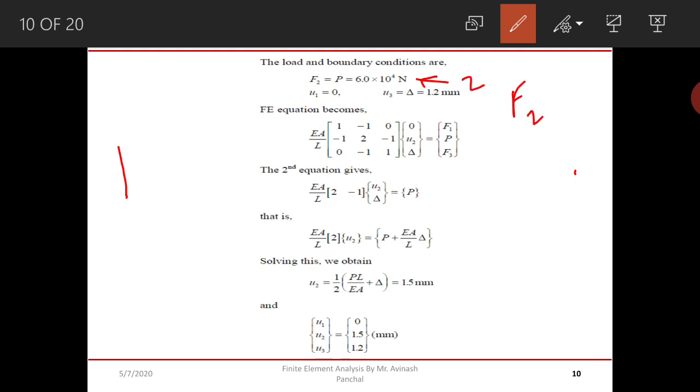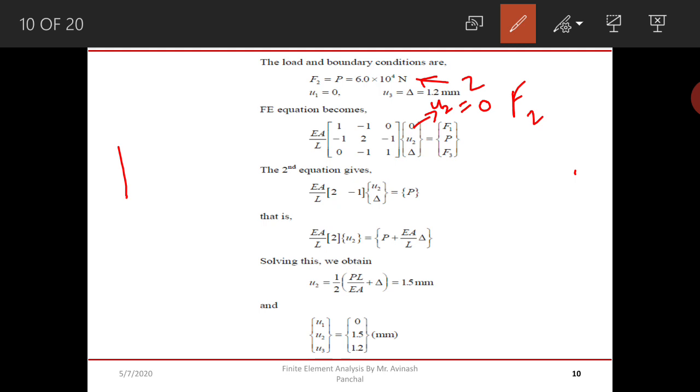And U2, the displacement at node number 2, is always 0, because wherever we consider the deflection at a fixed point, it is always 0, because at a fixed point no deflection is possible. So we will consider that as 0.